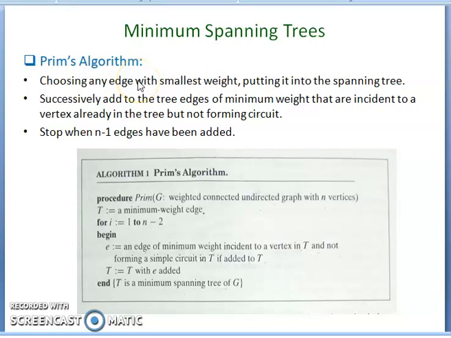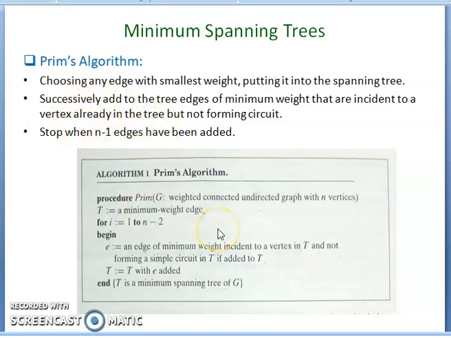Take those two vertices and consider the edges incident on them with minimum weight. Like that, you add edges of minimum weight incident to a vertex already in the tree, but not forming a circuit. That is the main condition. This process continues until we reach n-1 edges.